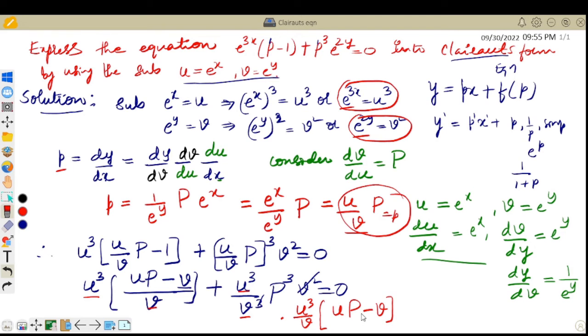plus, what is left here, just p cube, is equal to 0. Okay. Students, u cube divided by v is common, or you can transform the second term to the right side, u cube by v and u cube by v get cancelled.